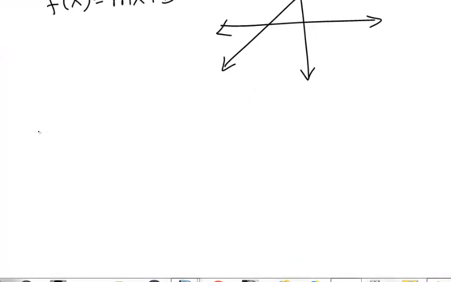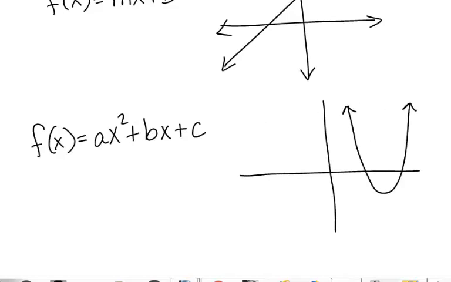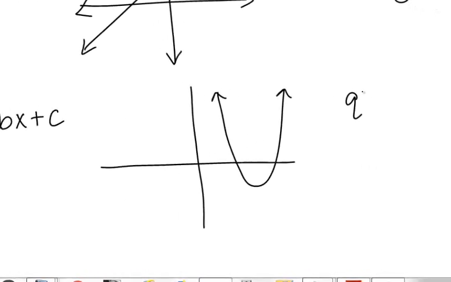Okay, then the one we spent a lot of time on in that last chapter, f of x equals ax squared plus bx plus c. Your clue of what it's going to graph is you're looking at the exponents. Okay, if it's an x to the second, y to the first, you're going to get a parabola. Okay, and that is a quadratic.